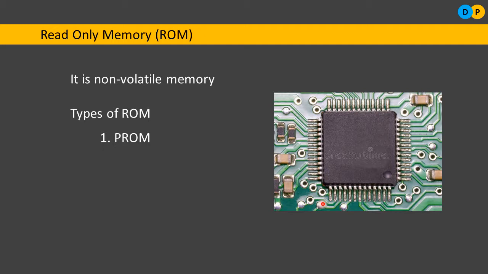But at the time of installing or embedding these ROM chips onto the motherboard, if we go for a PROM, programmable read-only memory, then we can decide what the instructions should be, what content needs to be placed in the ROM, only once. So PROM stands for programmable read-only memory. The user decides the contents of the PROM.